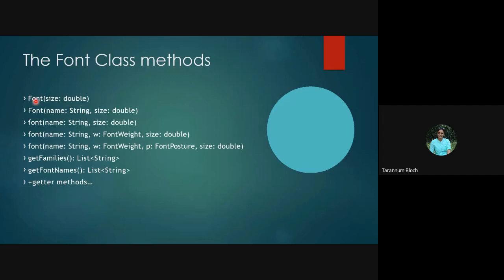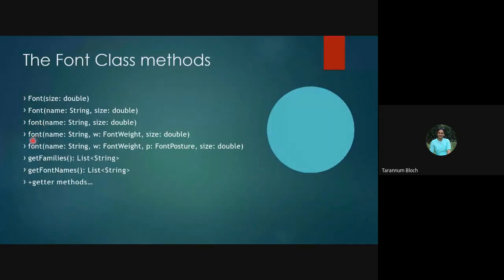So there are two ways: either you go with the constructor, or there is a method with a small f. This capital F is a constructor, and this is a method. Because Java is case sensitive, capital F and lowercase f are distinct. When I use capital F with size as a double, I'm calling a constructor, but when I use small f and give the string name and size as arguments, it's a method.